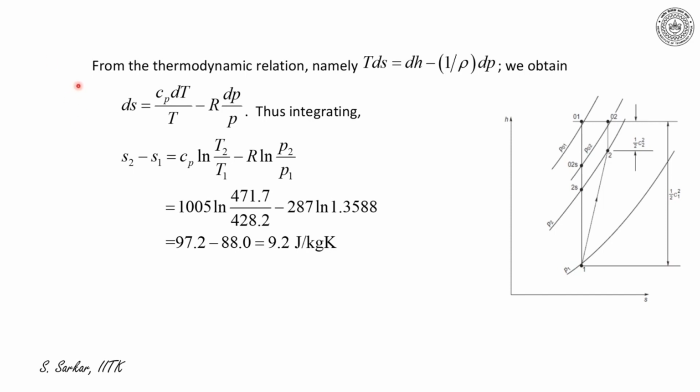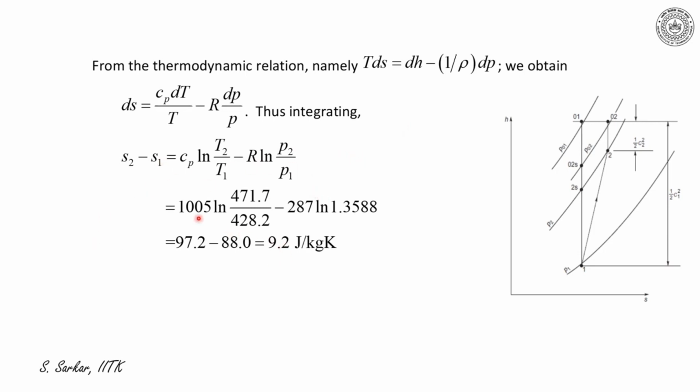How can that be calculated? From thermodynamic relation, we know T into ds is equal to dH minus 1 by rho into dP. Thus I can get ds is equal to Cp into dT by T minus R into dP by P. If we integrate between 1 and 2, I'll get S2 minus S1 is equal to Cp into ln T2 by T1 minus R ln P2 by P1. Now I know all the values here.